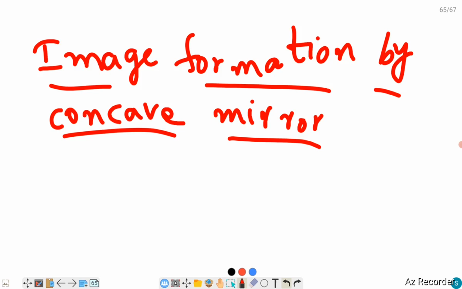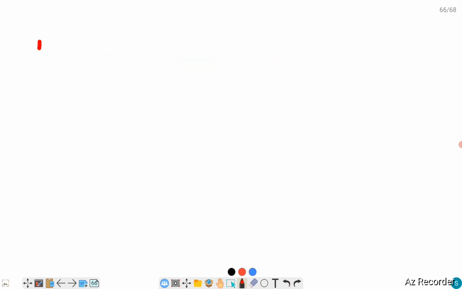Let's see what are those different positions of objects and the images, and what are the characteristics we have, and what is the application for that. Where do we use those positions actually? Let's learn them. First one, object.